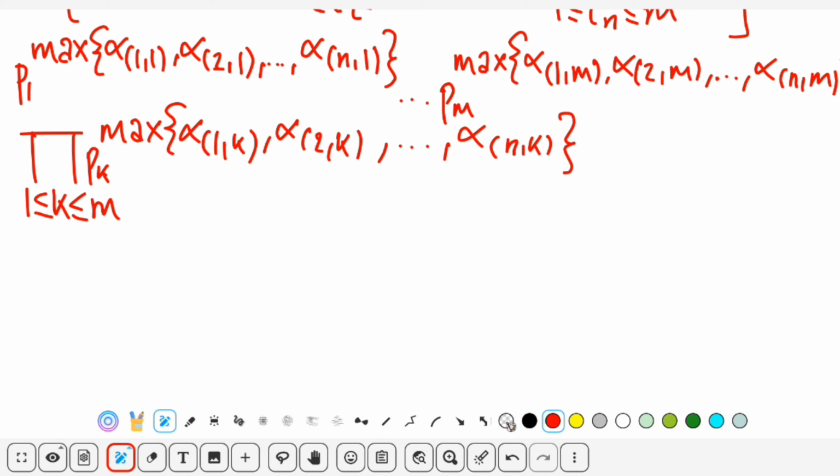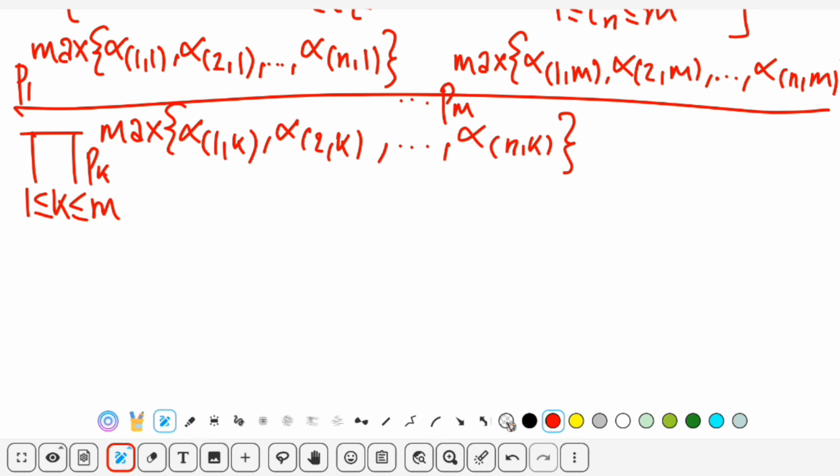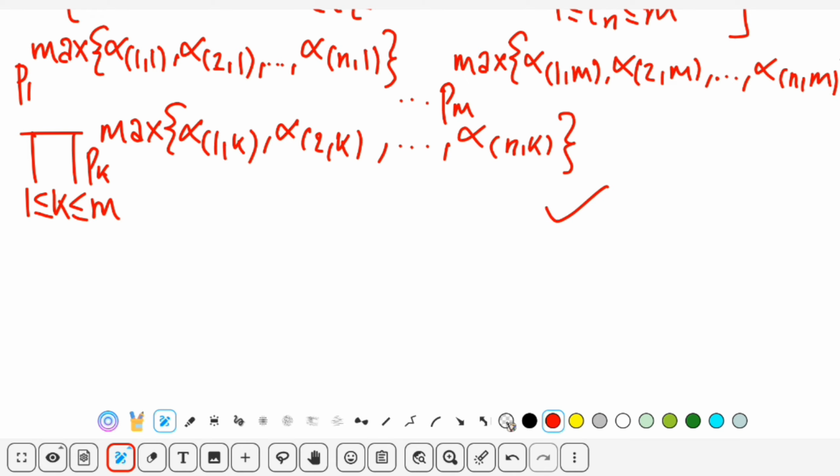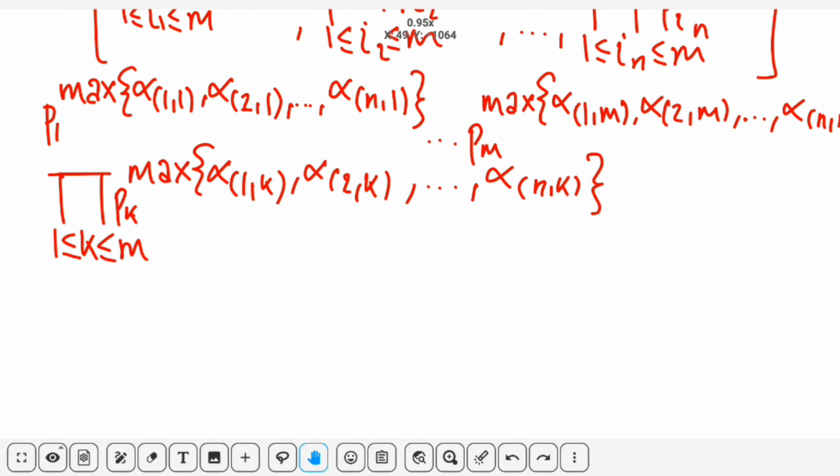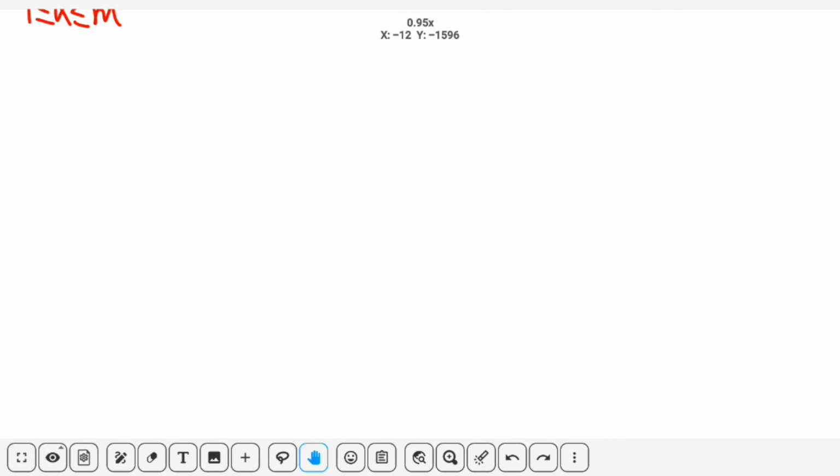I just wrote this full expanded form in simple product form. Okay, so this is the LCM of all of these positive integers.